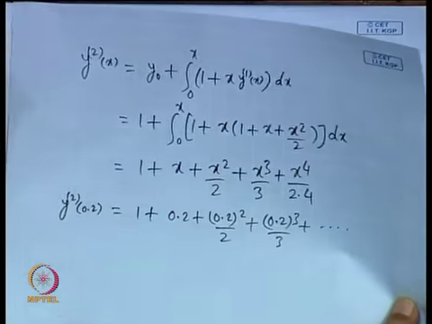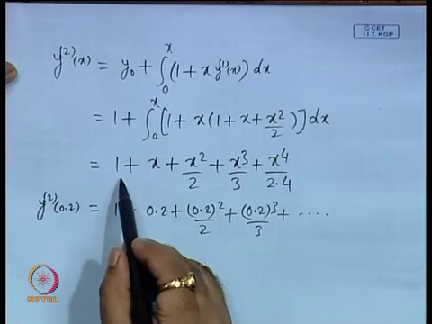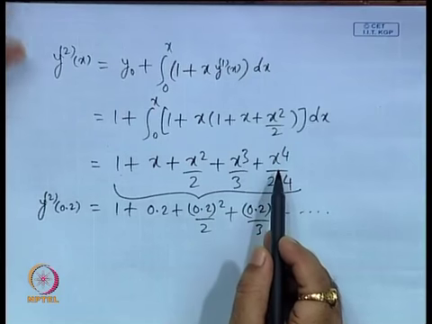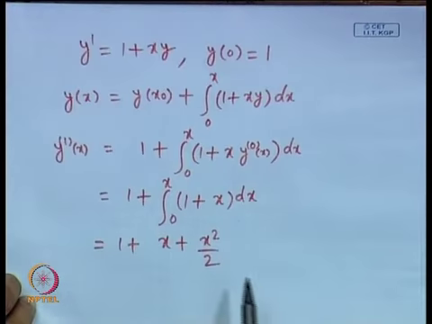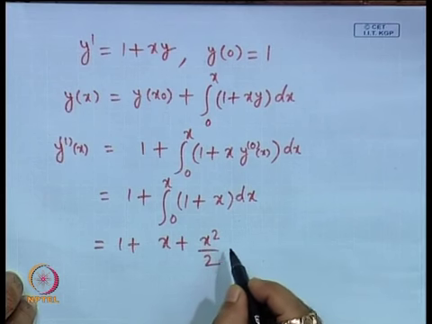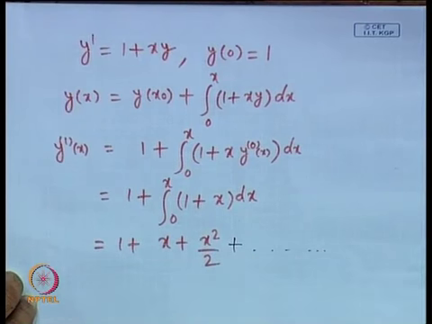Okay. So, now with reference to this example, I would like to say when do we stop. So, when do we stop? If you look at this, it contains 5 terms, whereas the earlier one contains 3 terms. So, y 2 is this plus some additional terms.